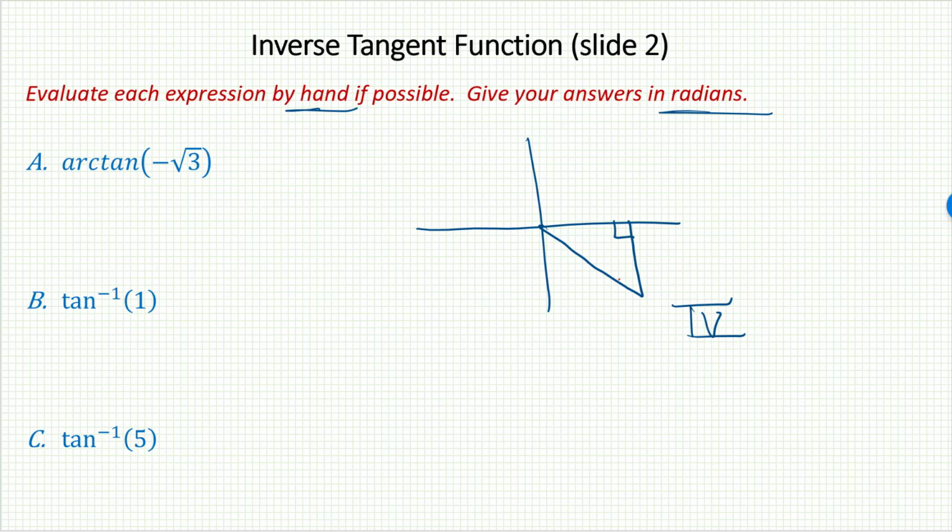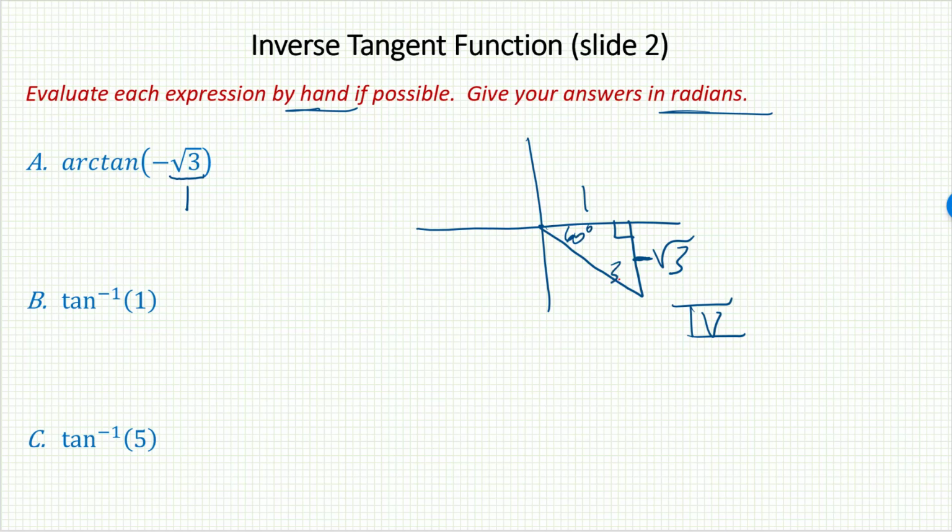Let's see, negative root 3 doesn't really look like a ratio, but I can make it look like a ratio by simply putting a 1 underneath it. Tangent is opposite root 3 over adjacent. That would be the 1. The negative obviously goes with the root 3, since that's the y part in the fourth quadrant. Well, this is just our familiar 30, 60, 90 triangle.